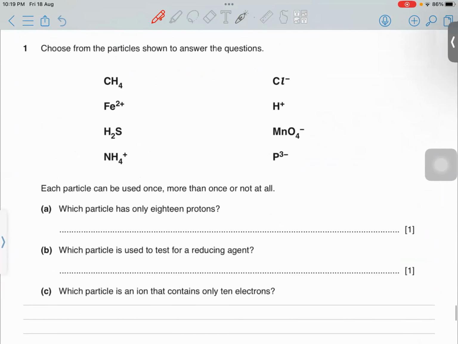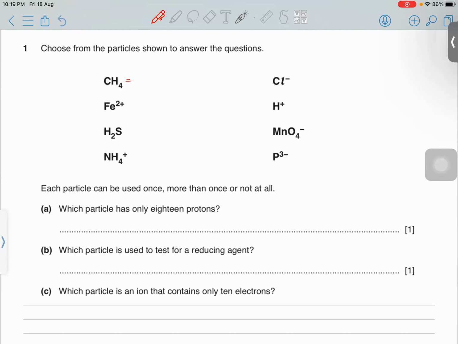Question number 1. Which particle has 18 protons? Can anyone find the number of protons? How many protons does carbon have?